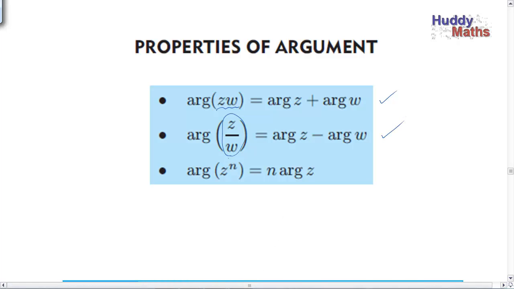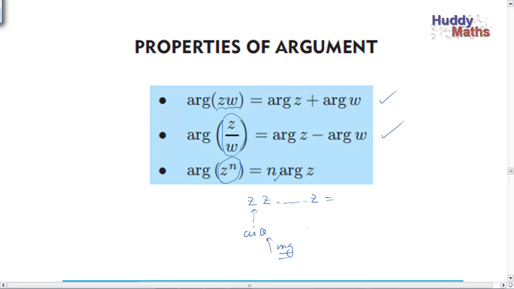If you're finding the argument of a complex number raised to a power, then it's n times the argument of the complex number. I think you could see that if you're doing this n times, then you're going to have a cis form for each one. Cis θ, that's the argument.